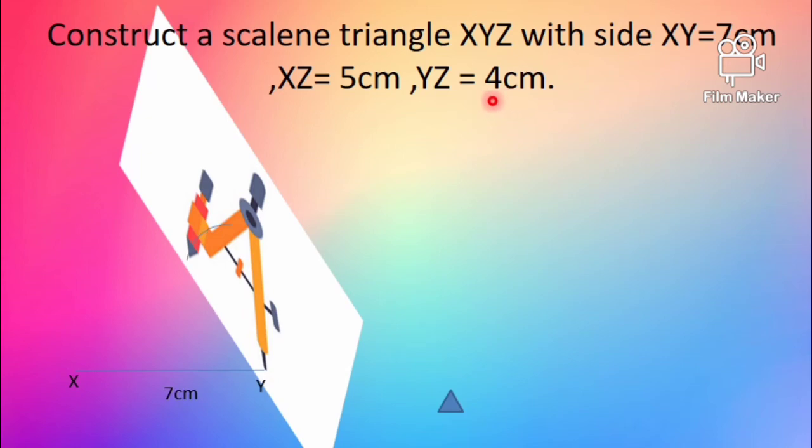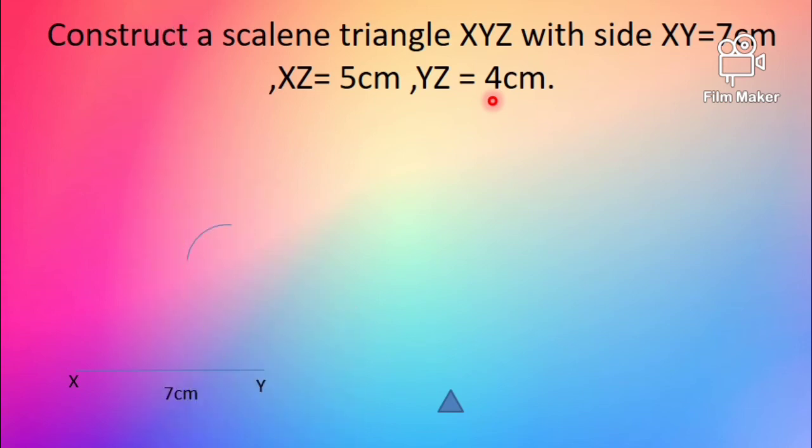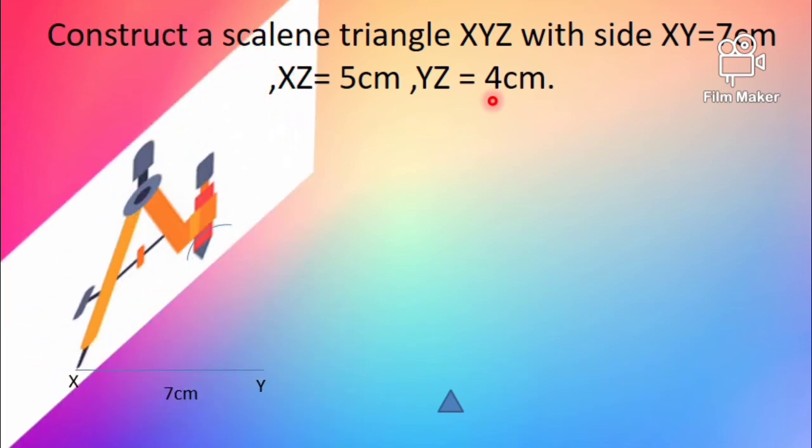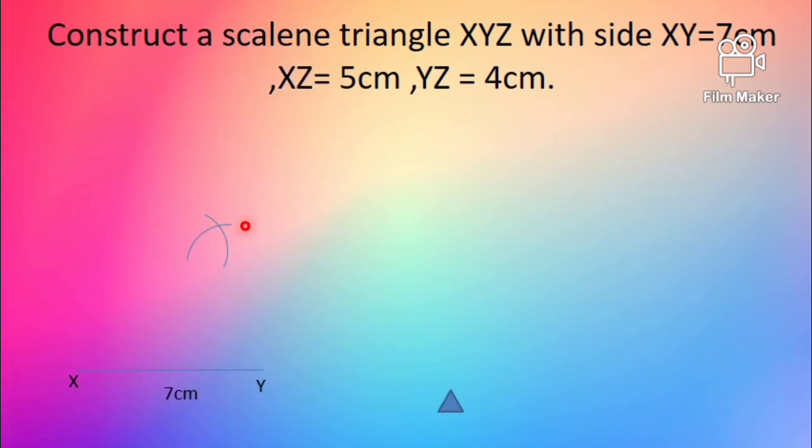Then with X as a center, we will open the compass to 5 centimeter and draw another arc of 5 centimeter which cuts the previous arc at point Z.